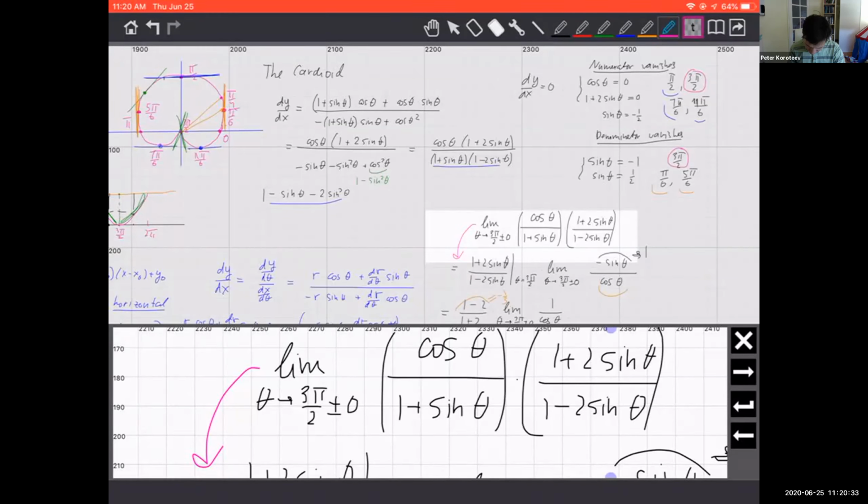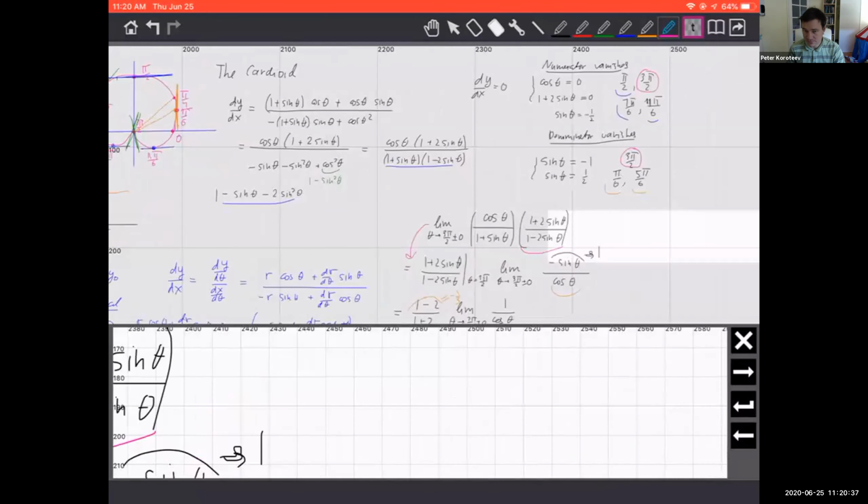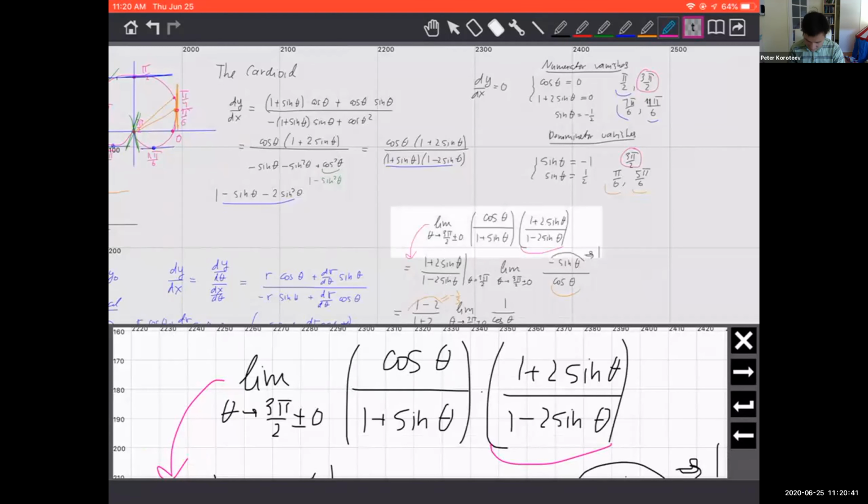See, this fraction here is finite as theta approaches pi over 2, so you can think of it as just a constant, right? There's a theorem in calculus: if you have two functions, the limit of the product is equal to the product of the limits. Because this second fraction is continuous, the limit of the function is just the value of the function at that point.